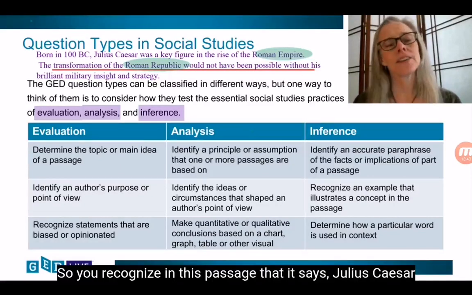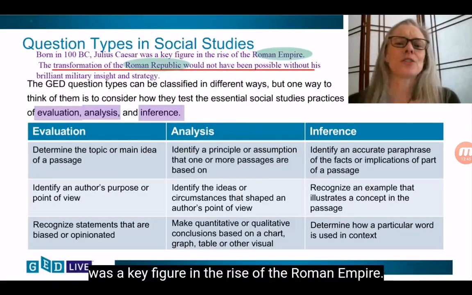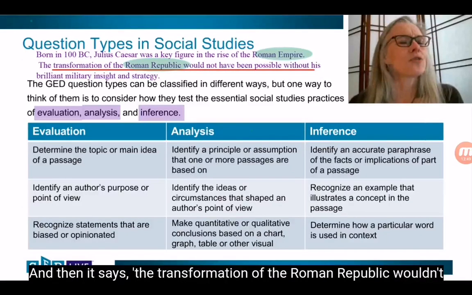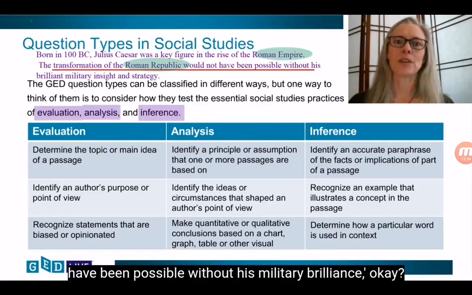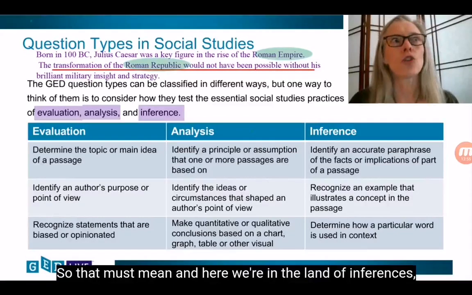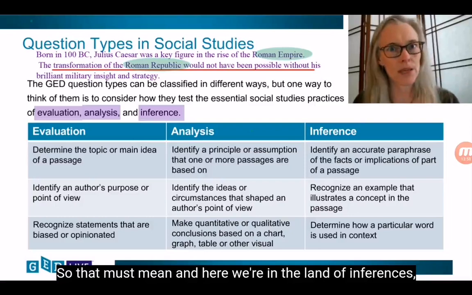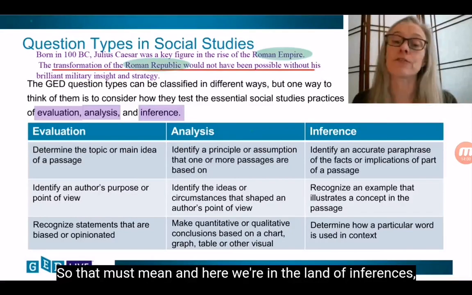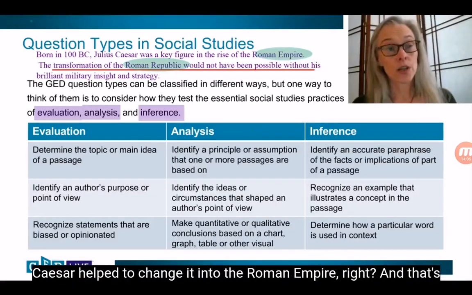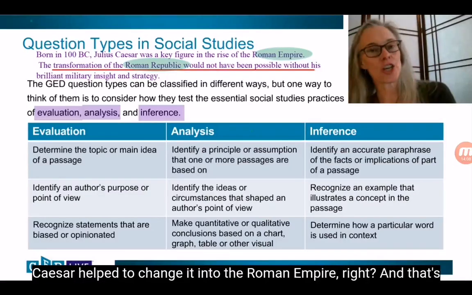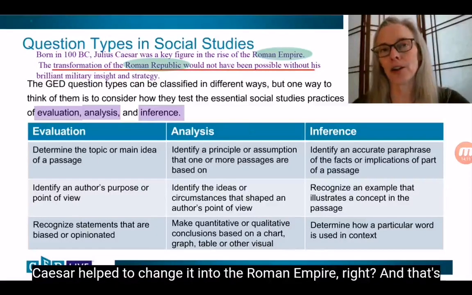So you recognize in this passage that it says Julius Caesar was a key figure in the rise of the Roman Empire. And then it says the transformation of the Roman Republic wouldn't have been possible without his military brilliance, right? So that must mean, and here we're in the land of inferences, that there was a Roman Republic and Julius Caesar helped to change it into the Roman Empire, right?